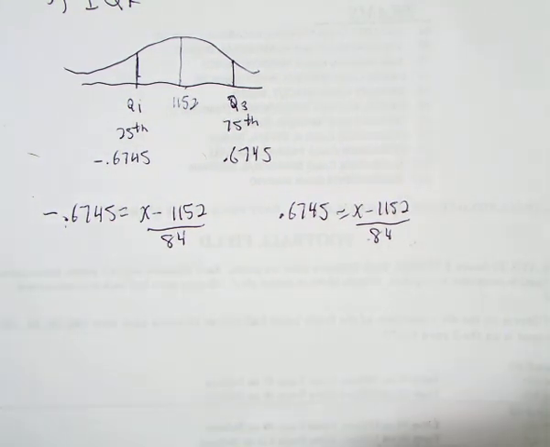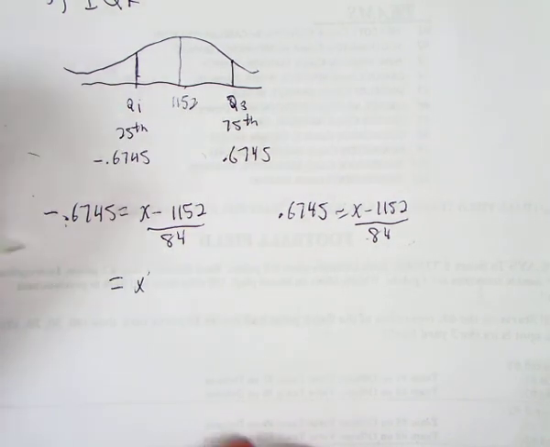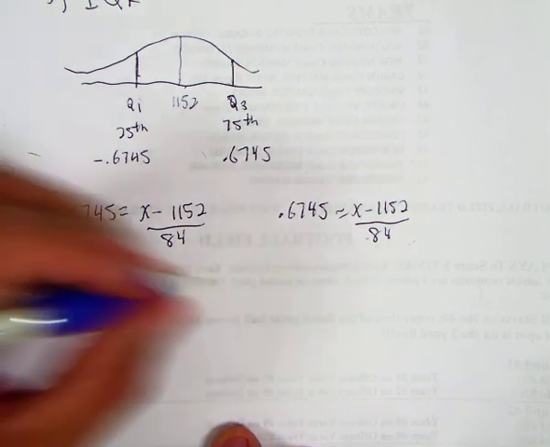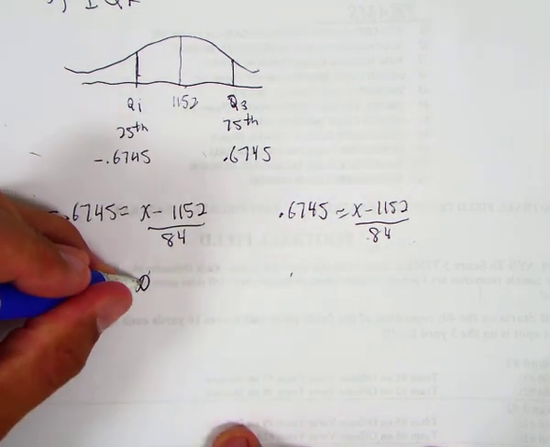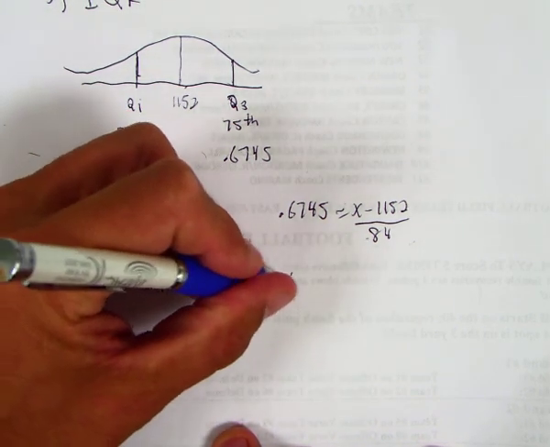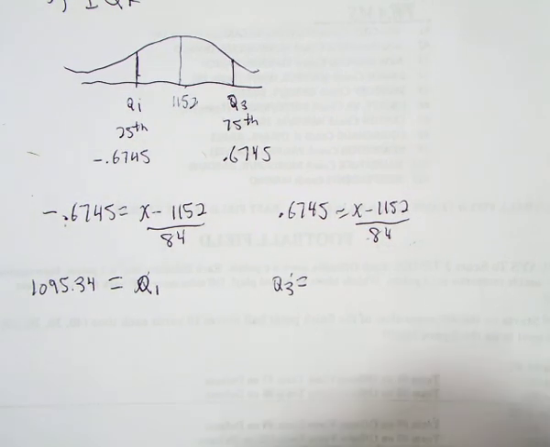We'd first multiply it by 84, and then we would add 1152, and we get 1095.34, and that would be Q1. Then for Q3, we're going to multiply both sides by 84, and then we're going to add 1152, and that comes out to 1208.66.